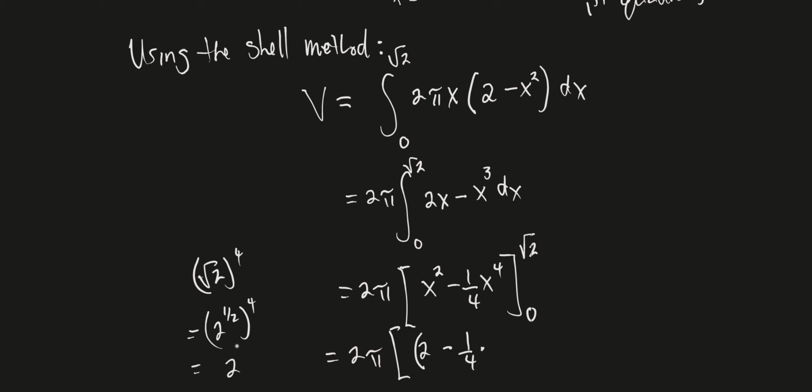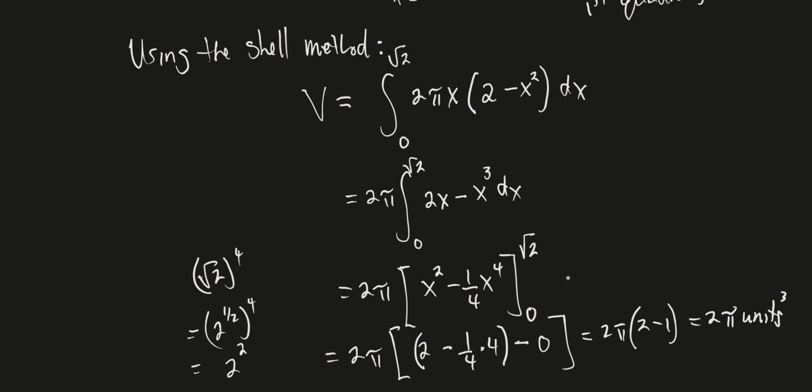So this is 2 squared, and 2 squared is 4, so I'll put that there. What's nice is that at the lower limit, both terms are 0. So look at what we have: 2 pi times the quantity 2 minus 1, so we end up with exactly 2 pi cubic units of volume.